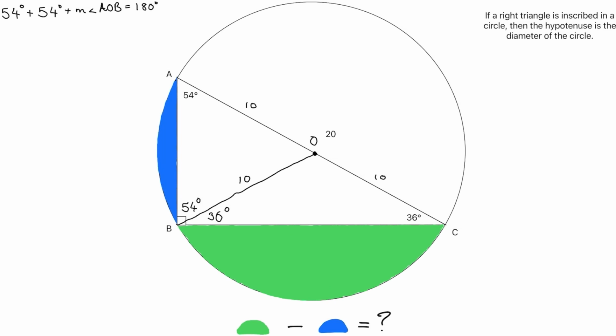When we simplify this, we get 108 plus the measure of angle AOB equals 180 degrees. And when we subtract 108 from both sides, we get that the measure of angle AOB is 72 degrees. Wonderful.